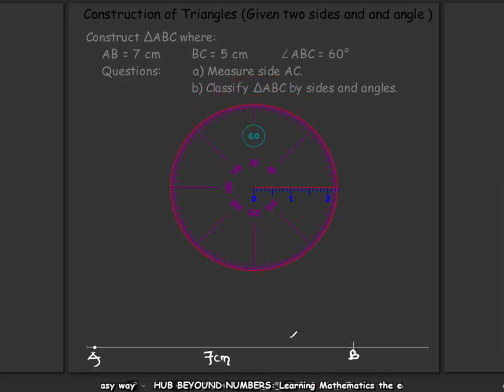What you do is you open your compass at a suitable radius. I stand at B, and then all I do is draw a semicircle. So this here is my semicircle.